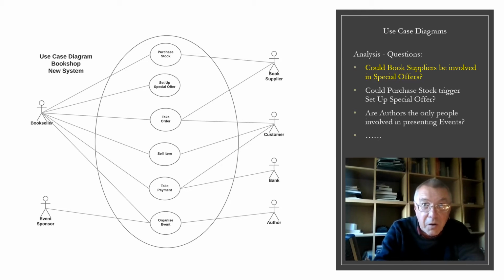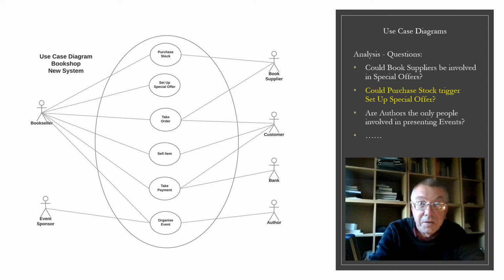Taking this use case diagram, for example, if we look at this use case here, set up a special offer, made me think, well, if we're setting up a special offer, might book suppliers also be involved in that, on the basis that you might ask a book supplier to support a special offer by supplying discounted books or additional products or promotional items or whatever. I don't know for certain if that's the case, but it prompts me to ask the stakeholders if that might be the case, or if it isn't, if it might be looked at.